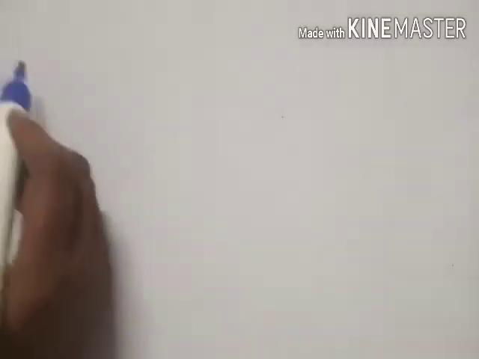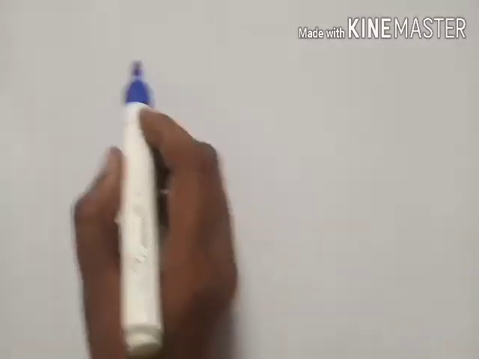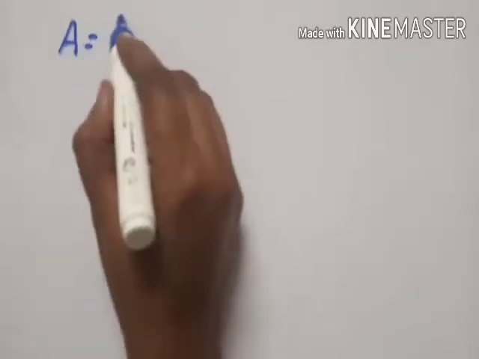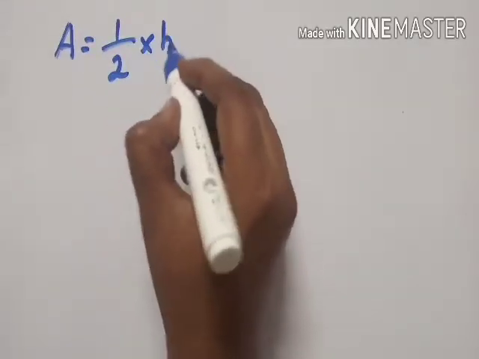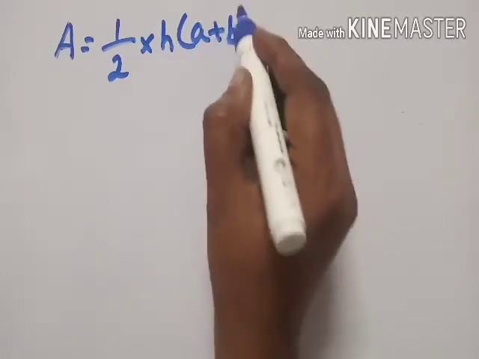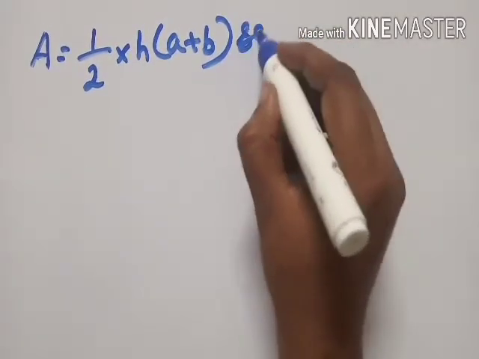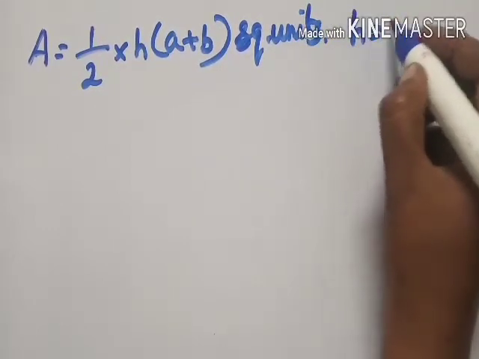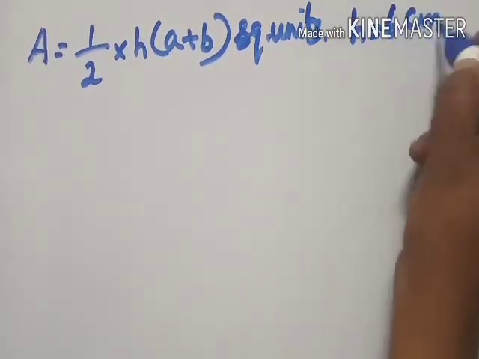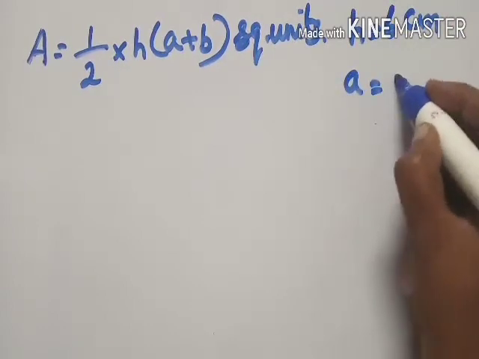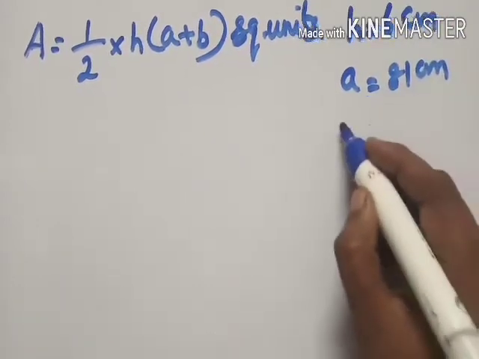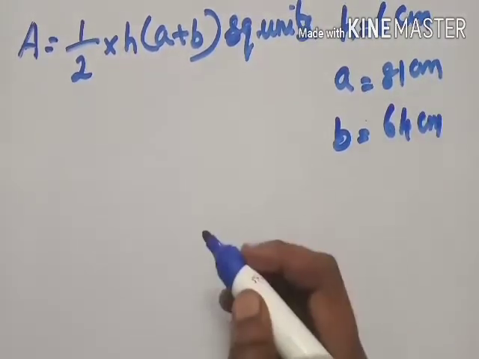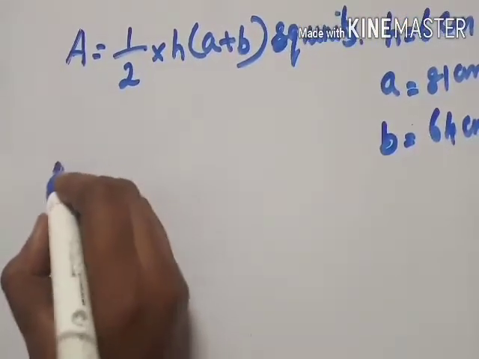Area is equal to half into h into a plus b square units. First write the height. Height is equal to 6 centimeter. A is equal to 81 centimeter. B is equal to 64 centimeter. That is parallel sides. So substitute the values.